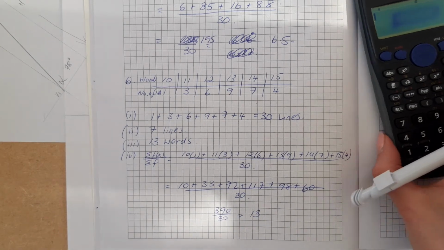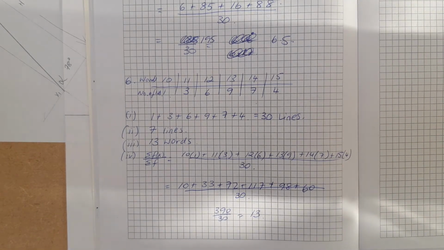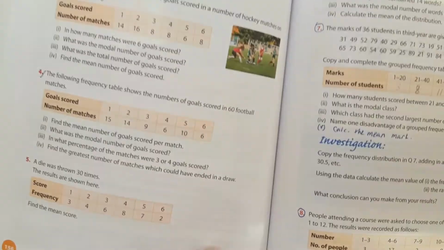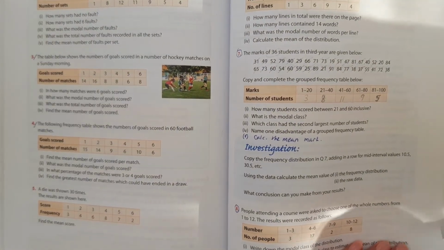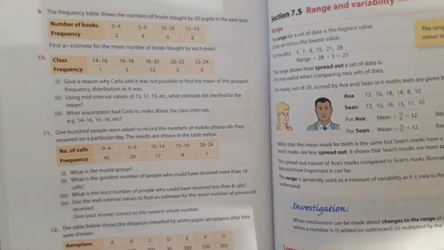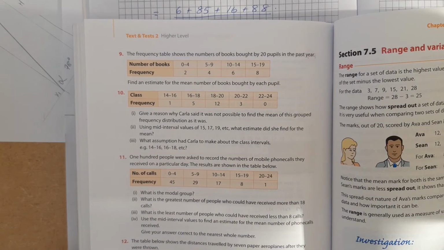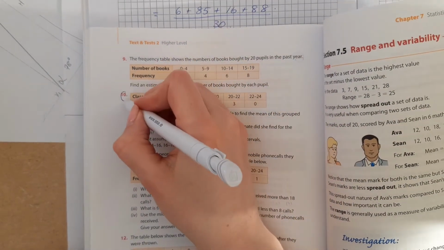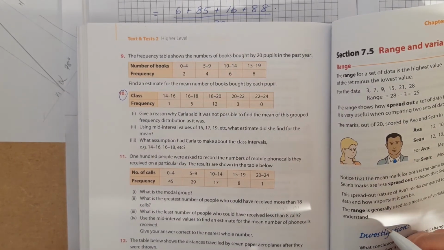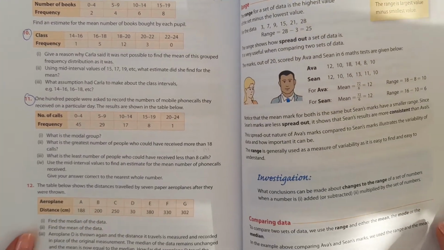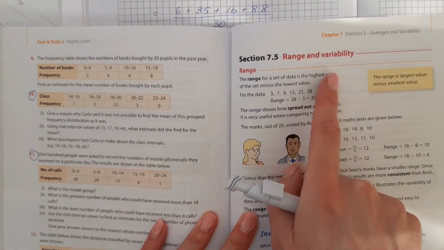Okay, today is just pretty much a completion of this chapter 7, which is statistics 2. And today in class, I'm going to get you to start on questions, just going to highlight them here now and then write them out for you. Going to do question 10 and question 11. Okay, when we've those done, the other day you would have done range and variability.